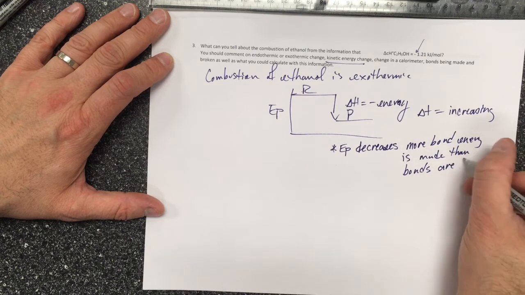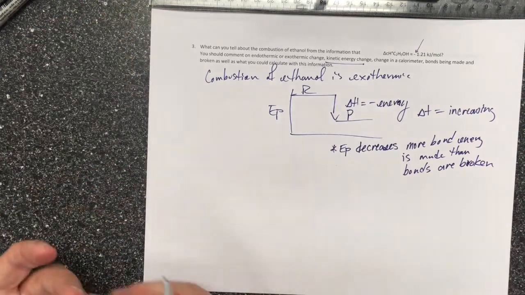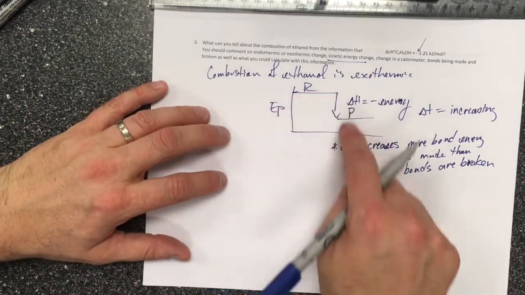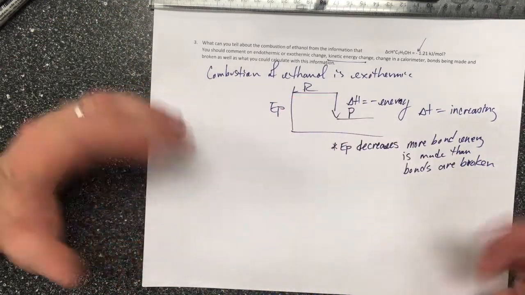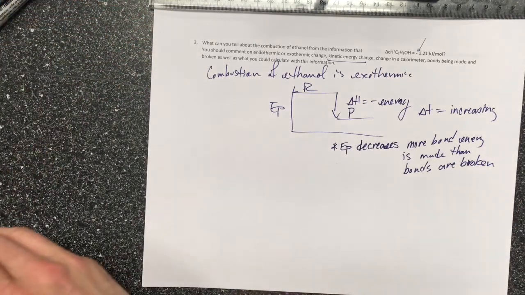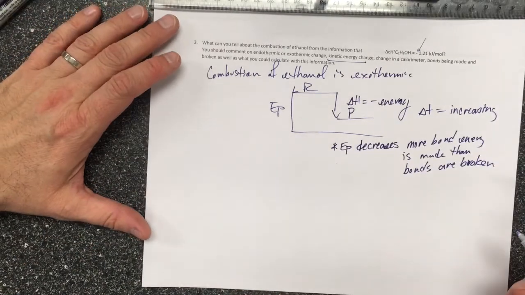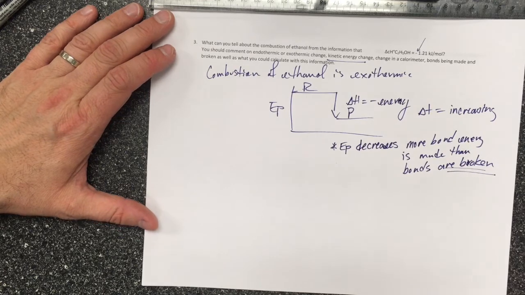Because remember that it takes energy to break bonds, and when we make bonds, we get energy back. So if the energy is being given off, we must be making more bonds that give away energy than we have broken.